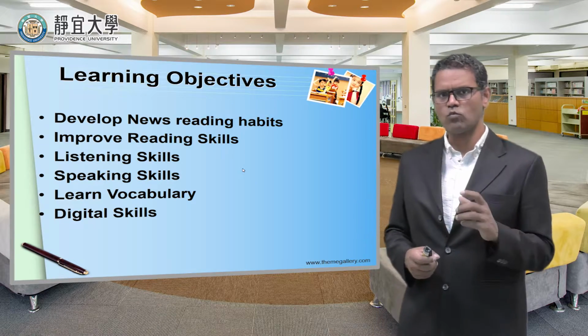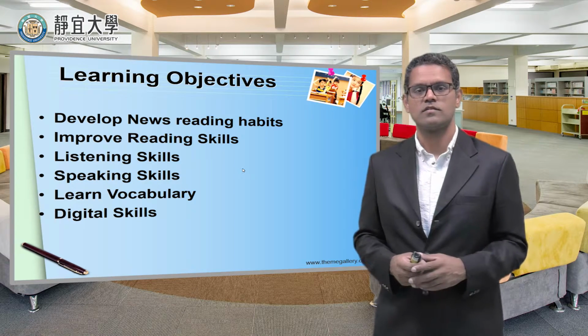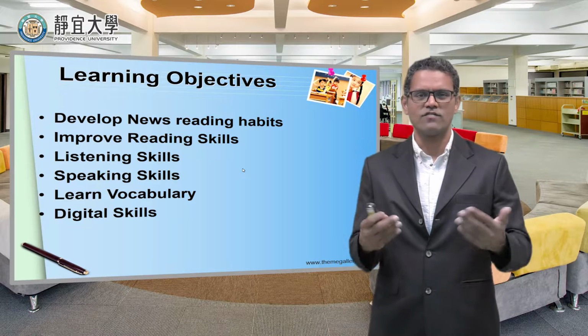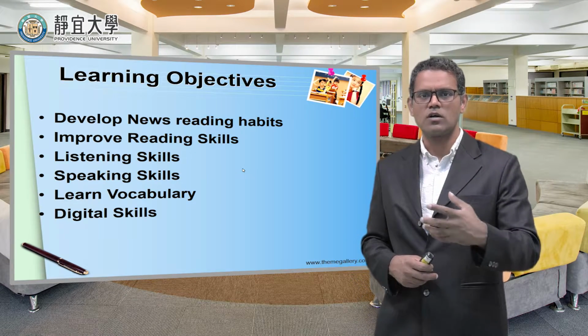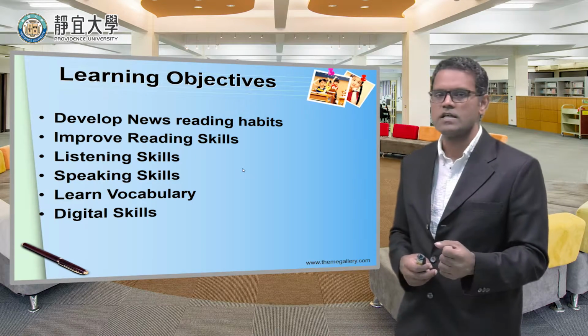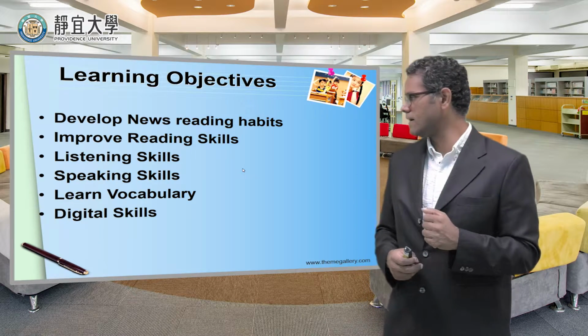The second objective is to improve your reading skills. Reading skill is important. When you read news, you have to have certain skills, how to read the news, how to comprehend, how to understand the news article. So I'm going to teach you some reading strategies. And then listening skills.